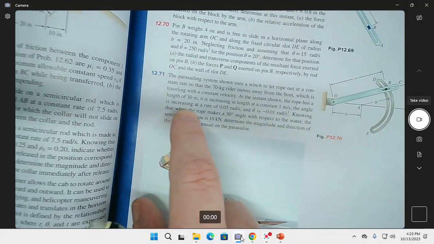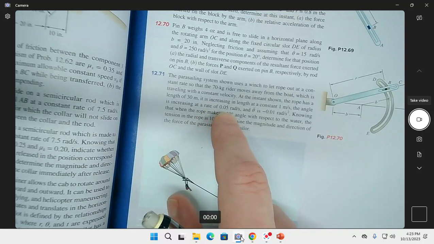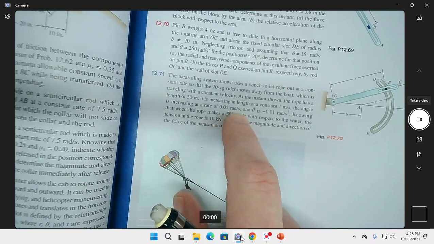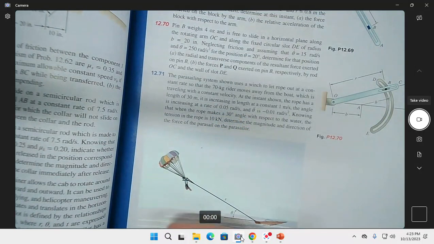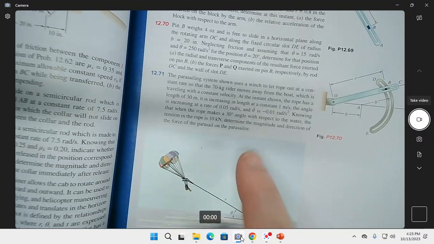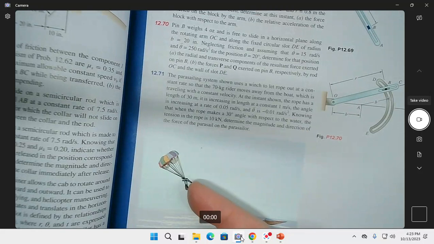The angle is increasing at a rate of 0.05 radians per second, and by the way, that's clockwise. So in our calculations, that should be negative if we're going to keep things correct.